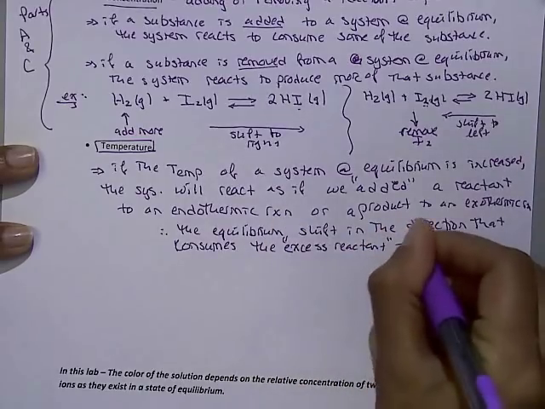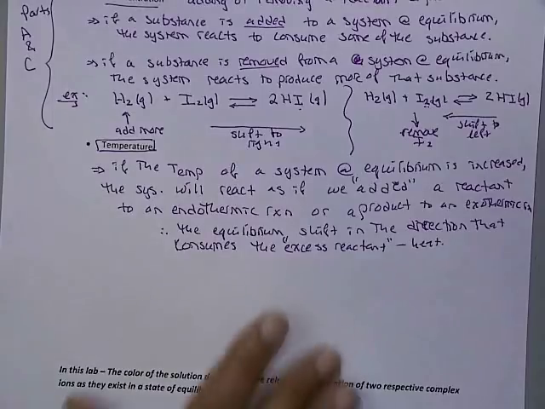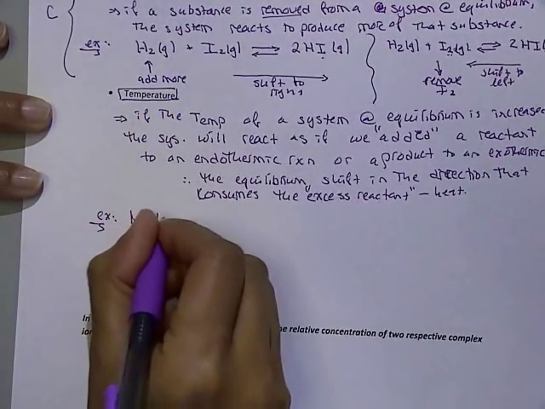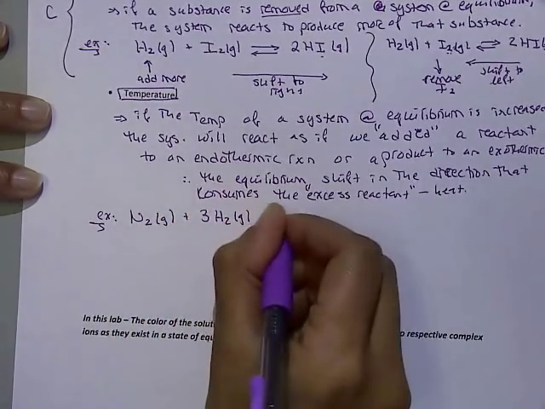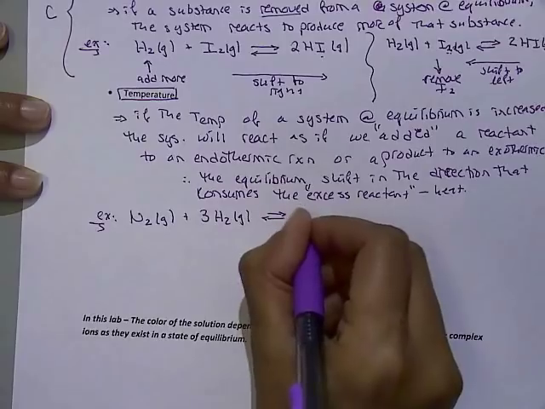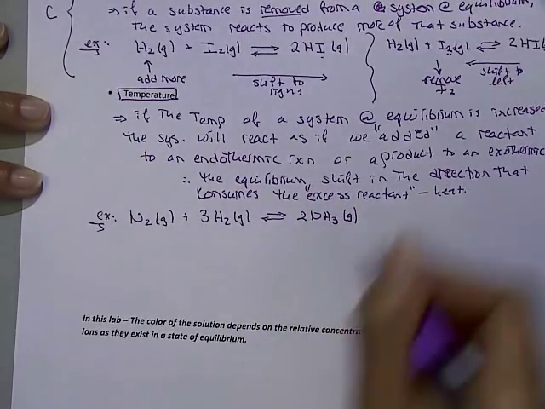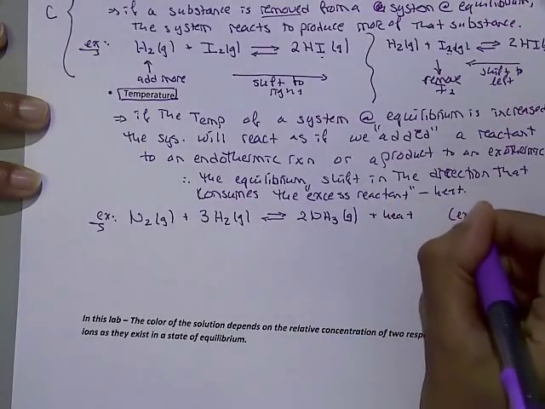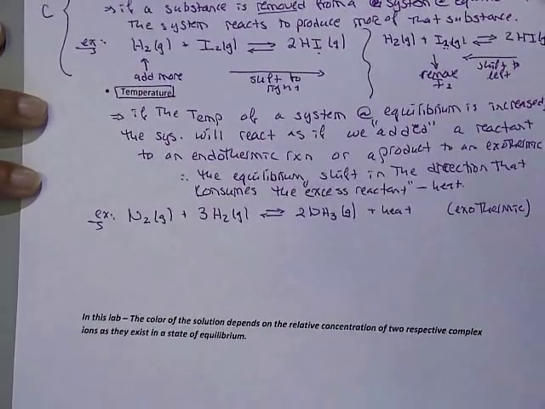And because we're talking about temperature, that could be heat or hot or cold, right? So let's take an actual example so that this might make more sense. If we have nitrogen gas reacting with hydrogen gas, the system is initially at equilibrium, and this produces ammonia gas. And this reaction is an exothermic reaction, so you could actually write heat on the side. An exothermic reaction is one where if you hold your test tube, it'll actually feel hot.